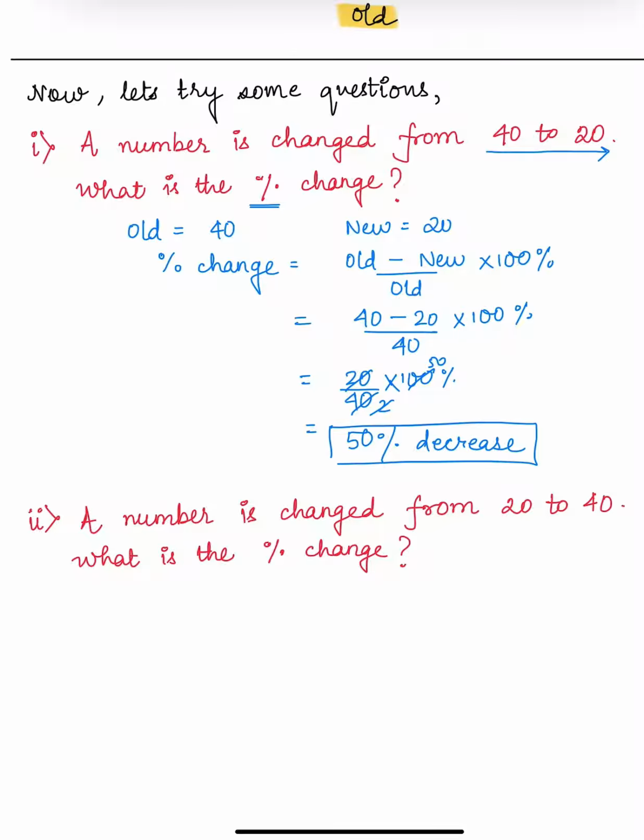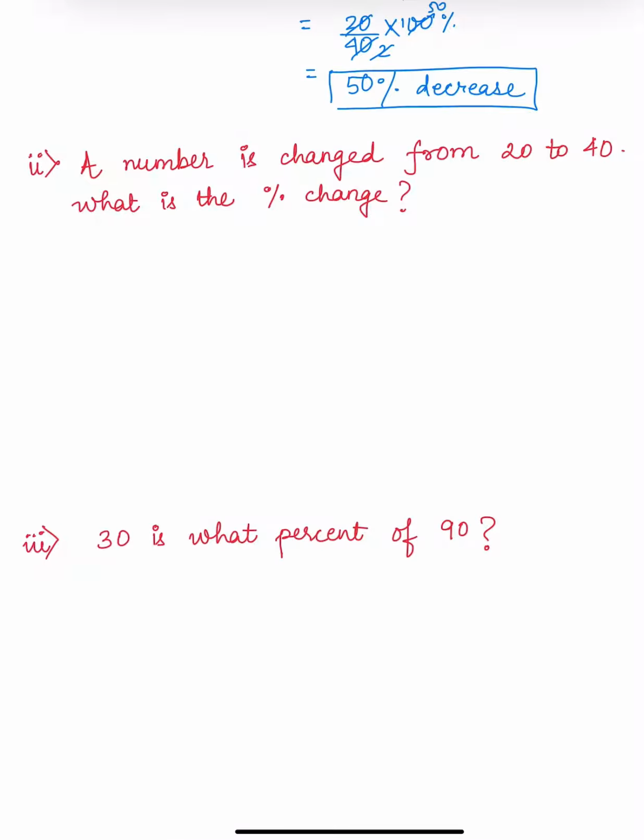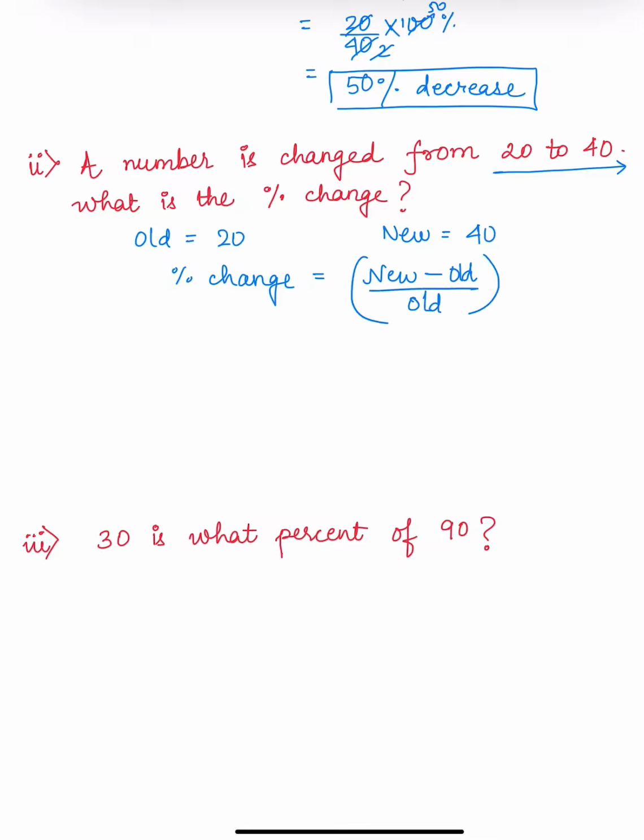Similarly, in the next question, the number is changed from 20 to 40. So there is an increase. The old is 20, the new is 40. Therefore, percentage change will be new minus old by old into 100%. So the new is 40 minus 20 by 20 into 100%.